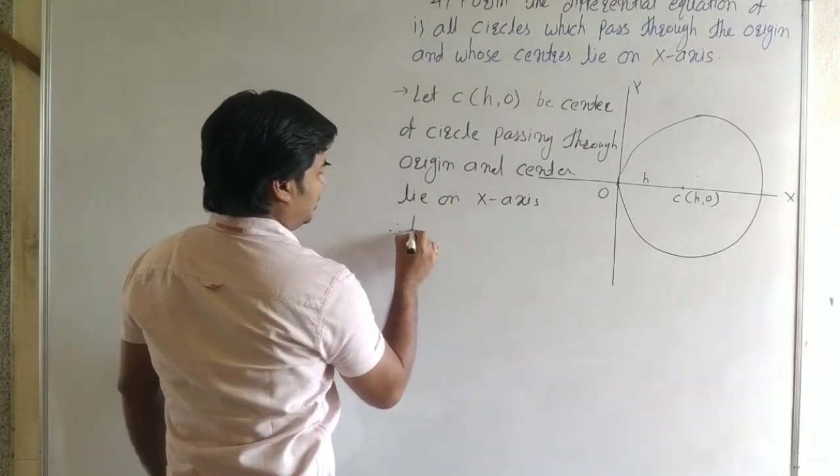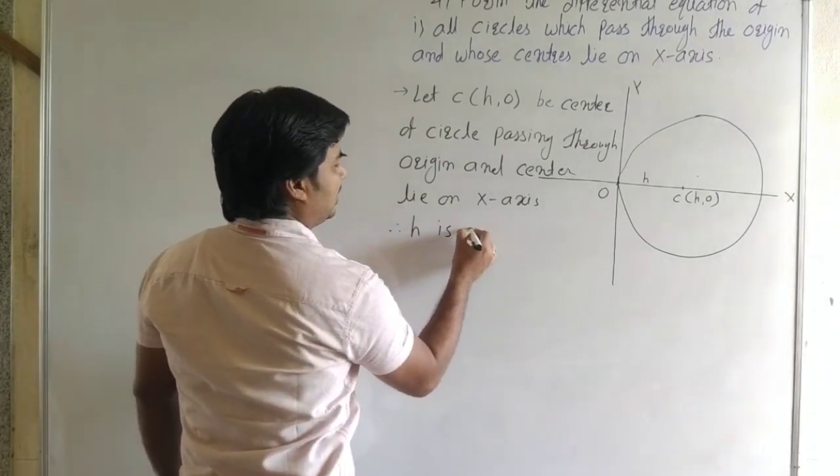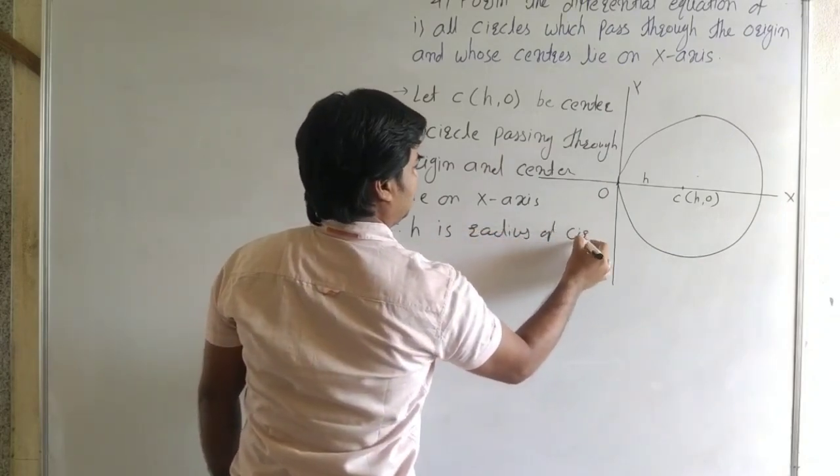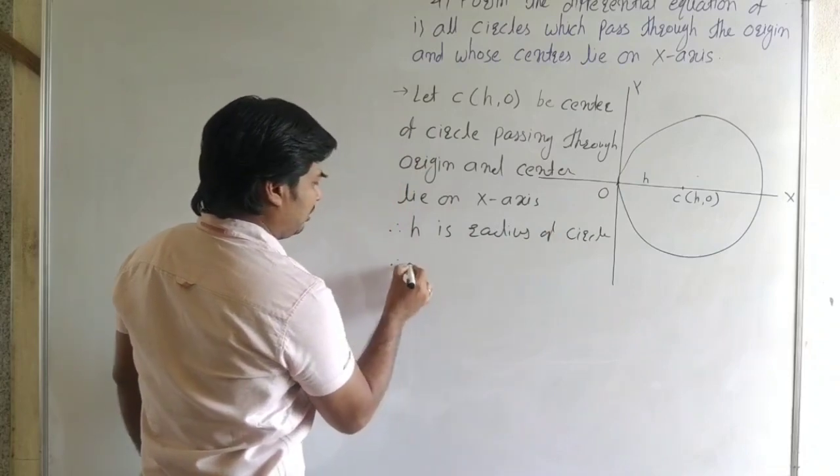Here h is the radius of the circle, and therefore the equation of the circle.